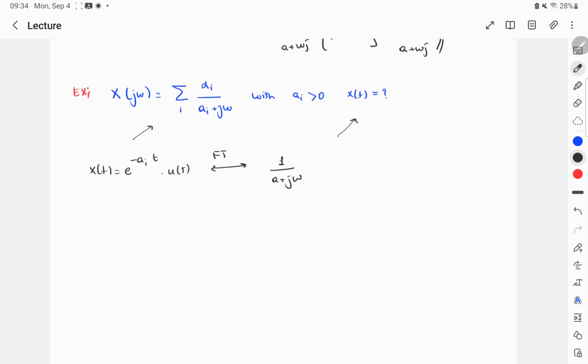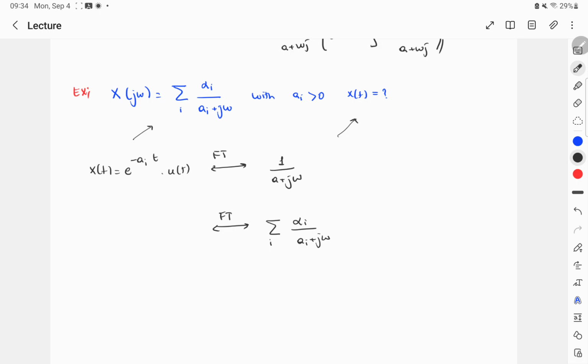Now, here we are given the Fourier transform, which is this one, and we are asked for the function itself.